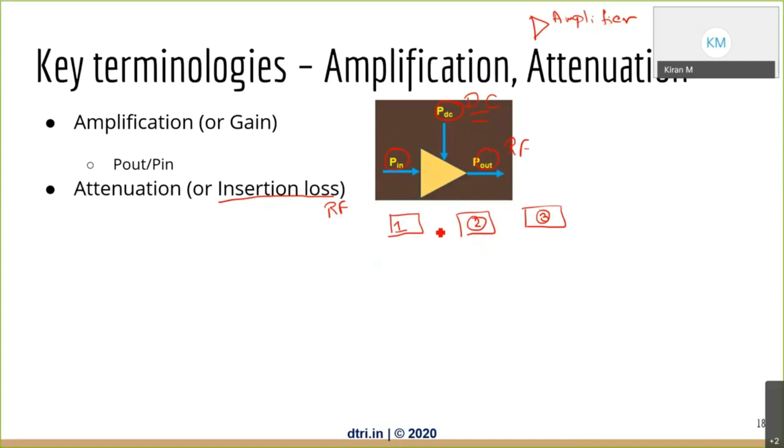It is actually reducing the signal. If my signal is like this, it actually becomes like this. So you are inserting some device and it is giving a loss. That's why it is called insertion loss, also written as IL.